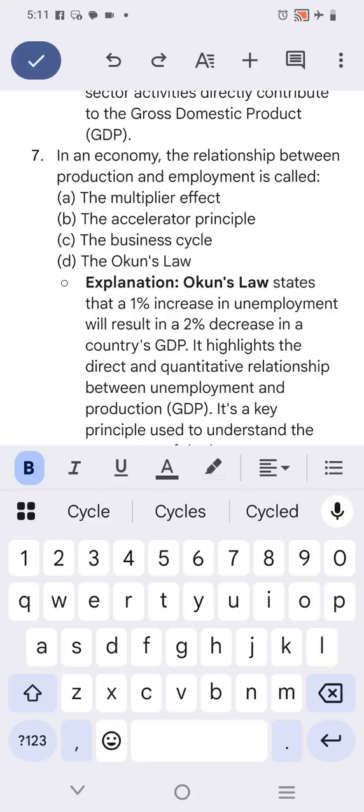Okay, that is where your AI will come into picture.